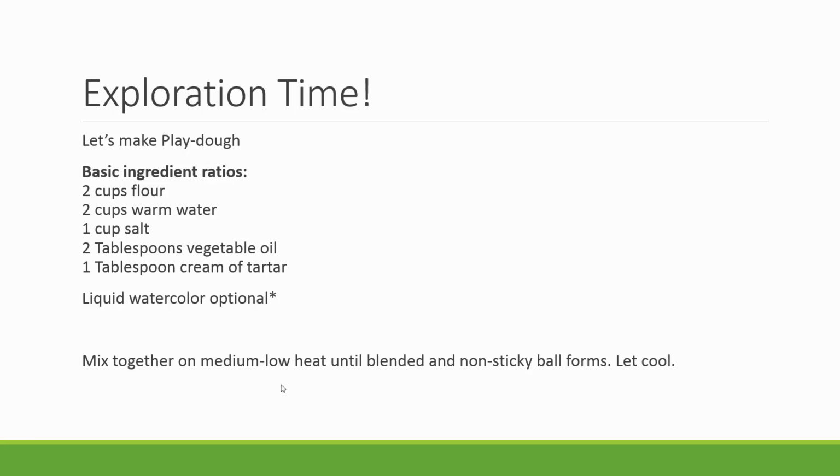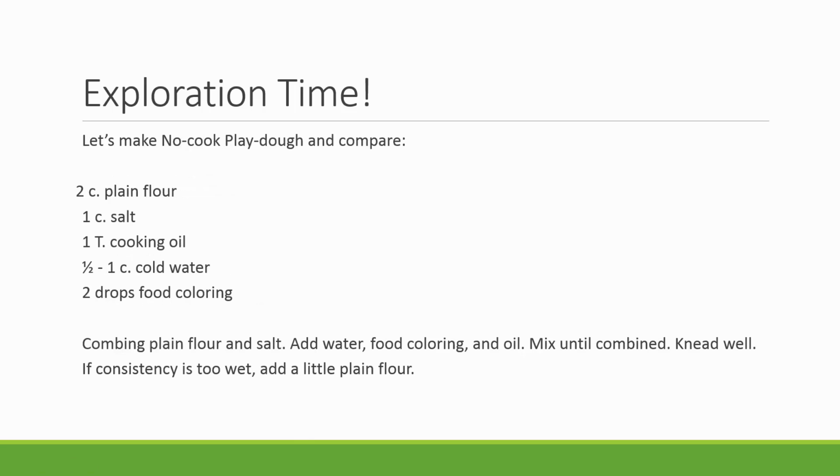You can use liquid watercolor or you can use food coloring. But what's helpful with you doing this ahead of time is that you are having an opportunity to go through the process first to think about the different types of questions you might be able to ask the children as they experience it. The other recipe is a no-cook Play-Doh.